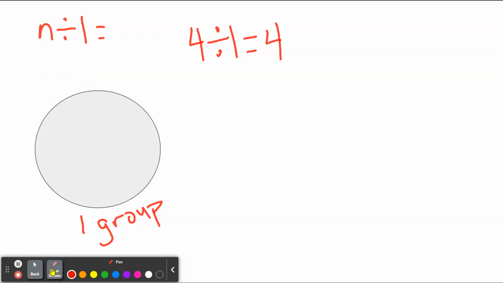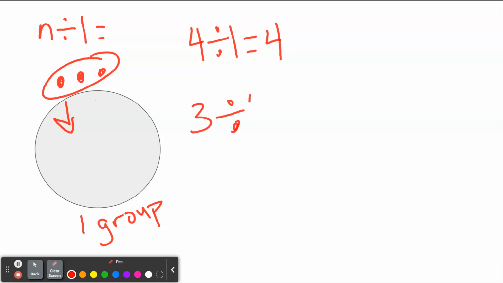Now, what if I want to do 3? 1, 2, 3. I want to divide it into one group. I only have one group to put all 3 of those pieces in, so I have 3 divided by one group. That's going to equal 3. What if I do 5? Oh, it looks like I'm going to put all 5 of those into that one group.